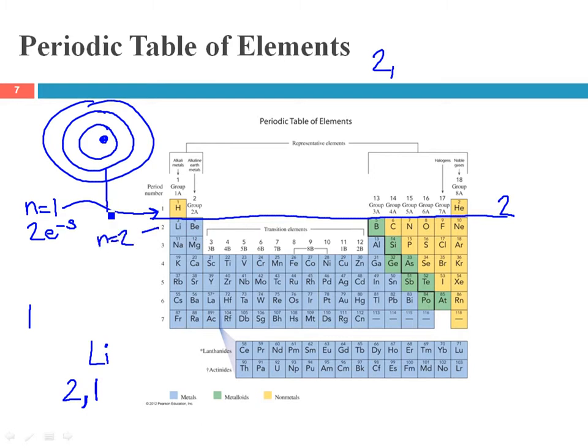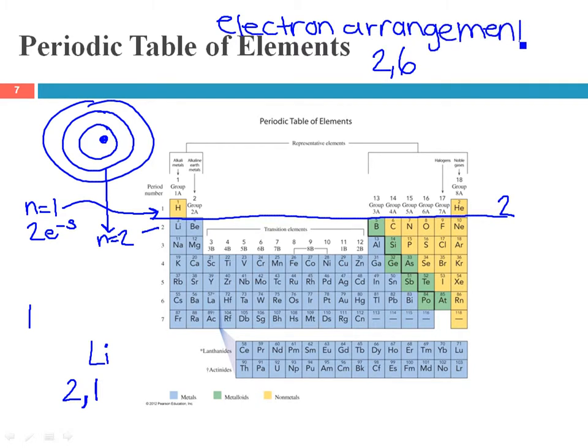This would be our second energy level, and we move over 1, 2, 3, 4, 5, 6. So oxygen's electron arrangement is going to be 2, 6.